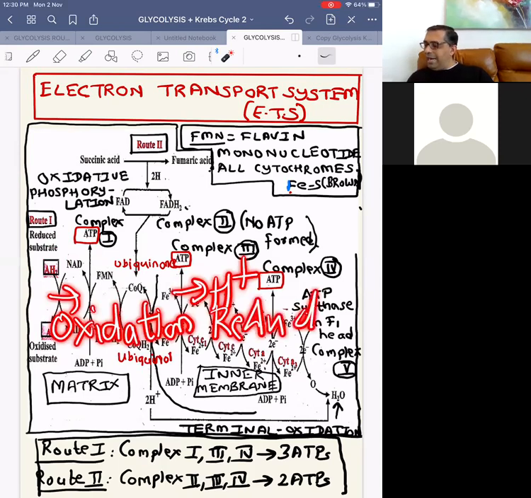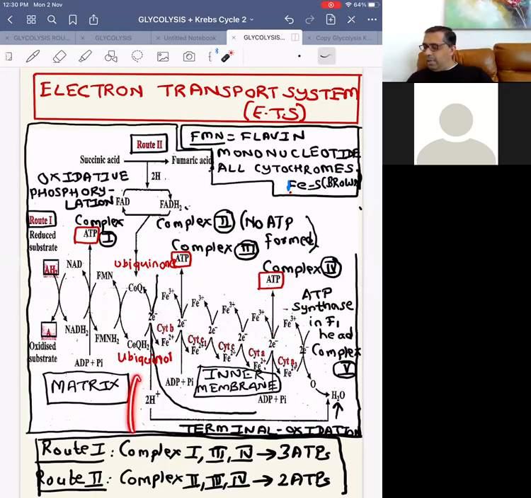We are having oxidation by giving away hydrogen, and by accepting, reduction, that is called as a redox reaction.